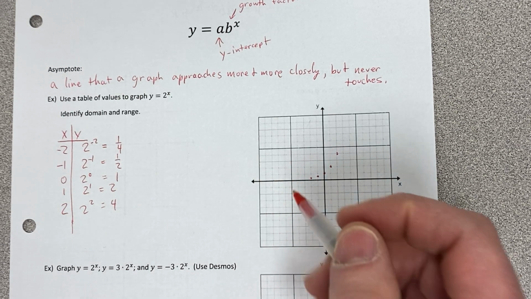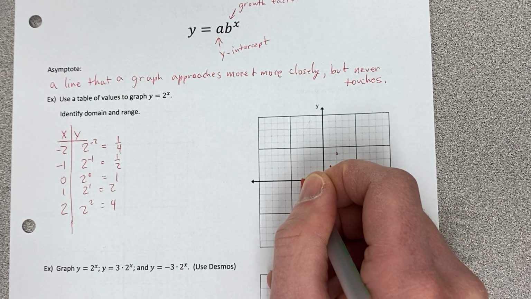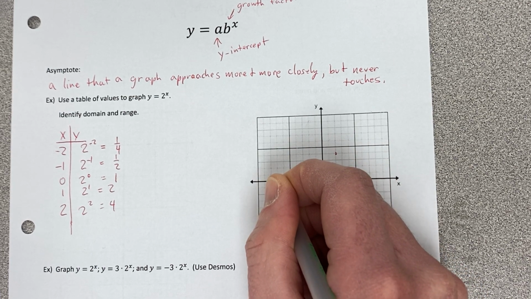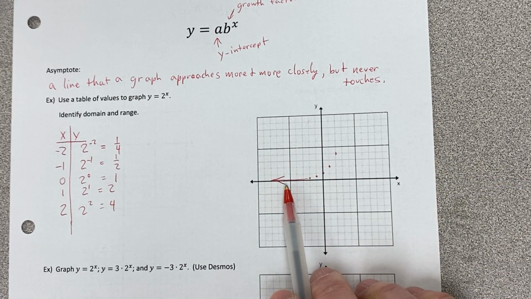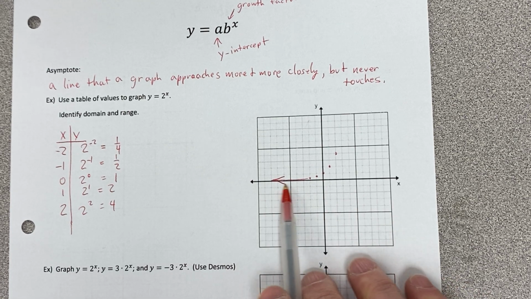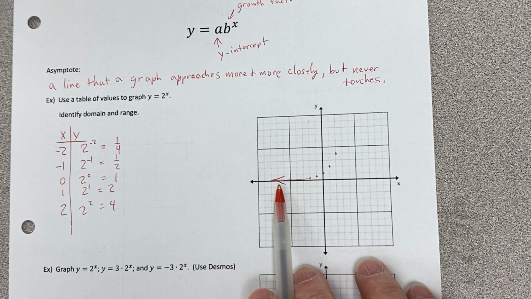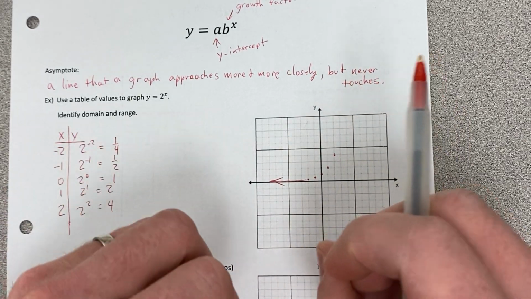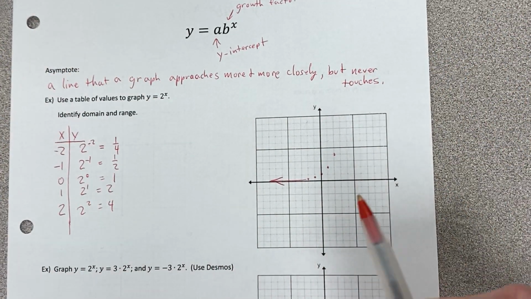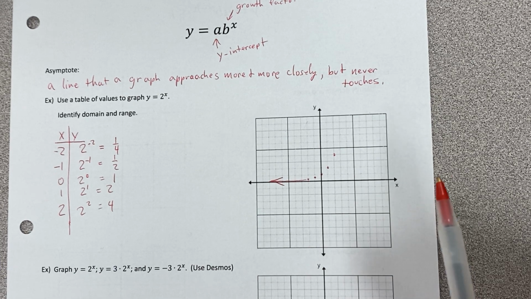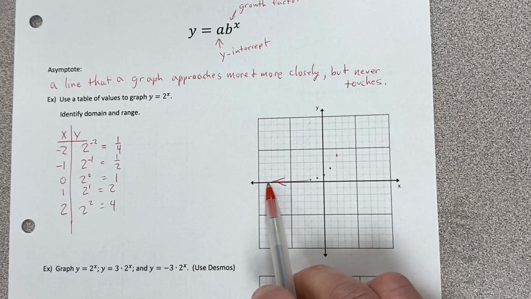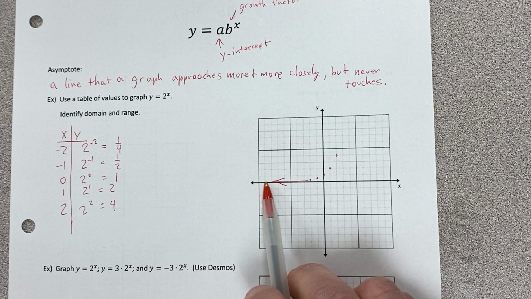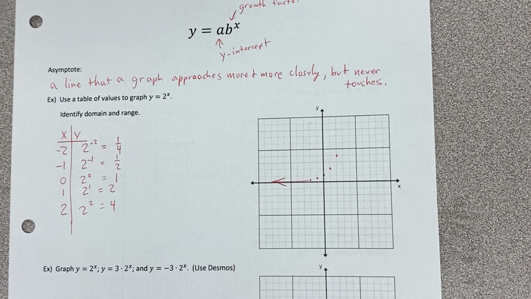So it will look like it's touching the x-axis in this case, but it's not. If you were on Desmos and you graphed it and zoomed way in, you would say, oh, there's still a gap. No matter how close it looks, no matter how much on top of that line it looks, it's never going to get there.